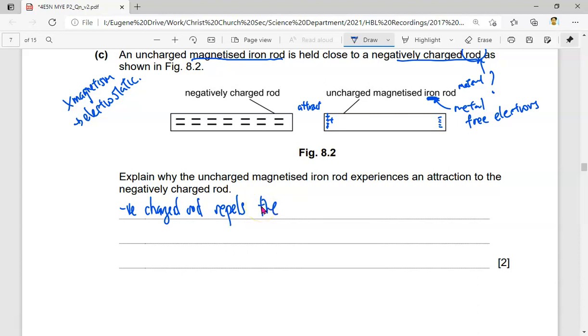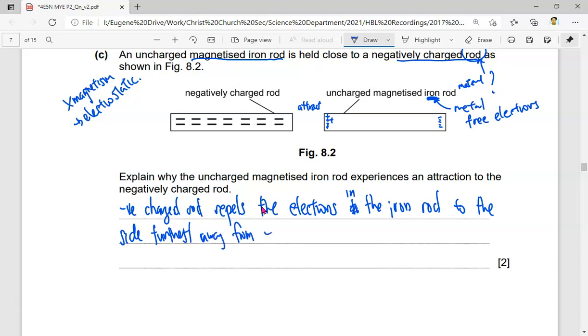If you put negative charge, I think that should be fine also, but repels the electrons in the iron rod to the side furthest away from the negatively charged rod. Okay, so all the negative charge comes here.